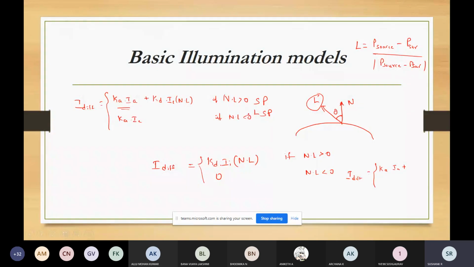So here, using this parameter Ka, you can use the total diffuse reflection equation for a single point source like this, where the values of Ka and Ia depend on the material properties, and their values will be in the range of 0 to 1. So using this, you can calculate the diffuse reflection or the I diffuse.